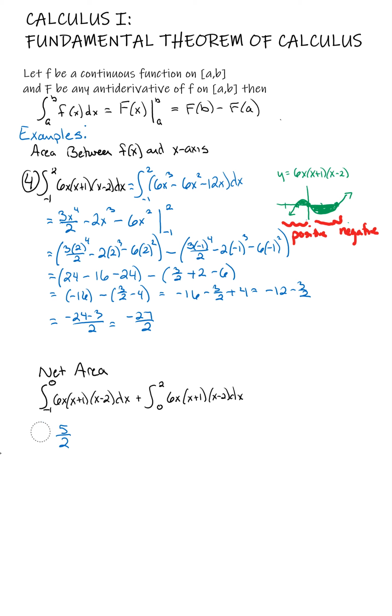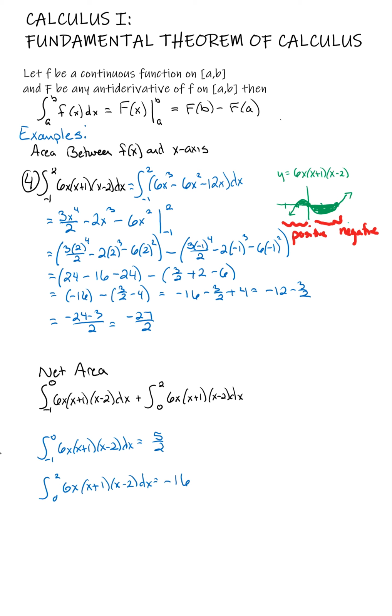and for this first one, let's just write this down, the integral from negative 1 to 0 of 6x times x plus 1 times x minus 2 dx should be 5/2. And the integral from 0 to 2 of this should be negative 16.